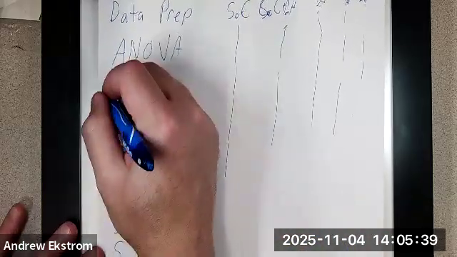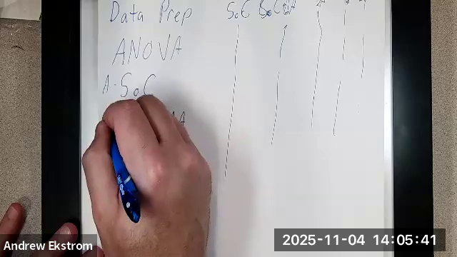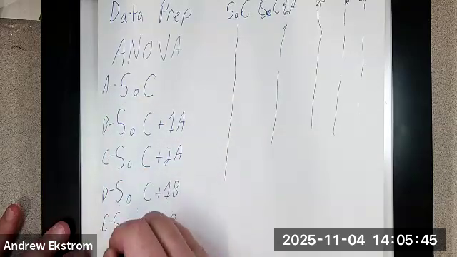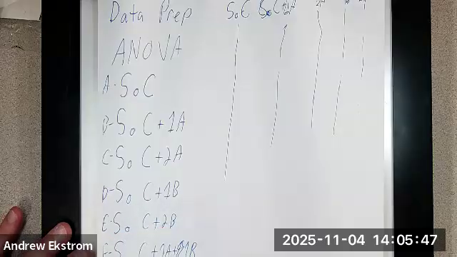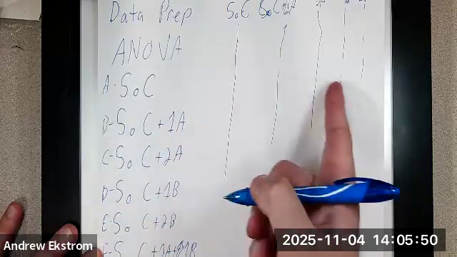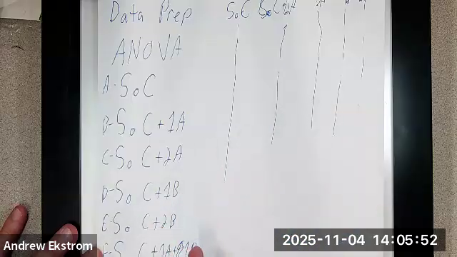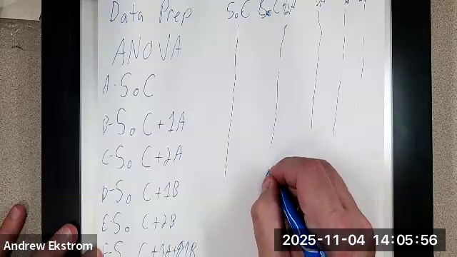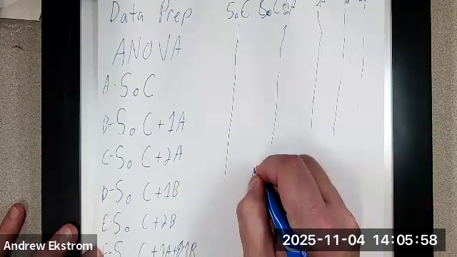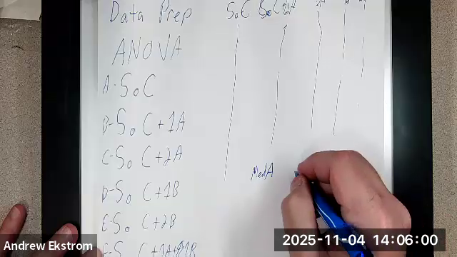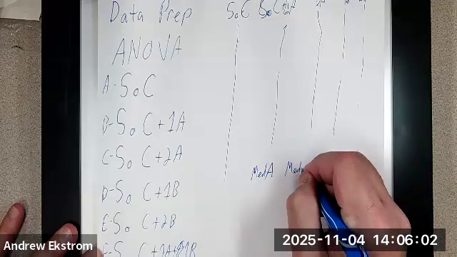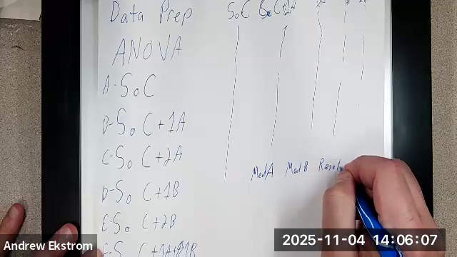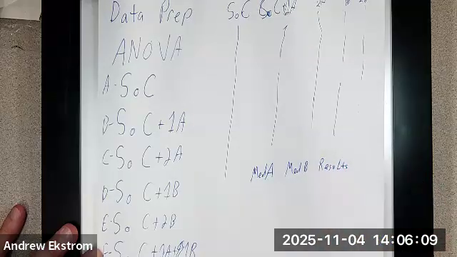So I'm going to call this group A, B, C, D, E, and then F. I can take all this information. It's going to be a whole lot of copying and pasting, but I can actually create 2 new columns, call it Med A, Med B, and then we'll call it results.